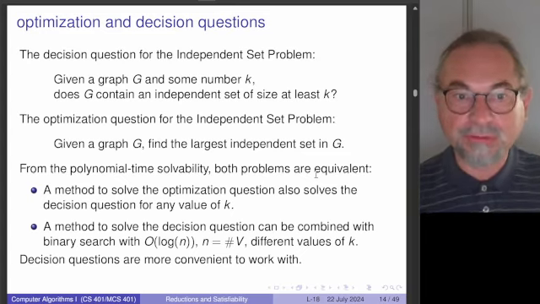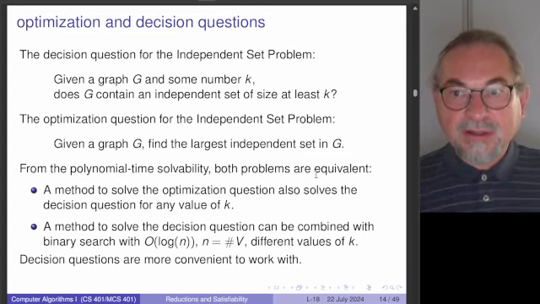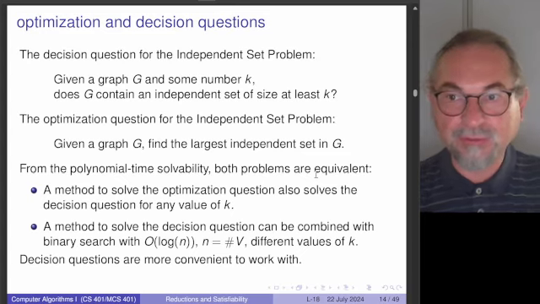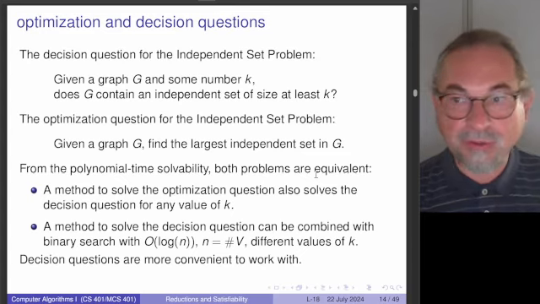In some sense, polynomial time reducibility gives us a lot more flexibility because we can use efficient algorithms to reformulate problems. So how can you reduce a decision problem to an optimization problem? Well, consider again the example.